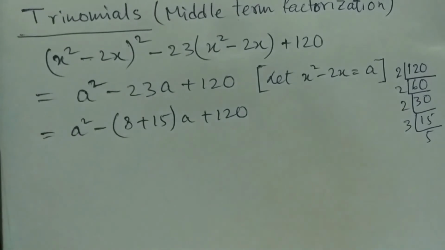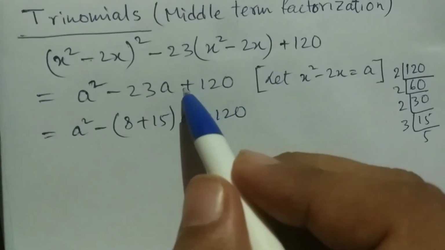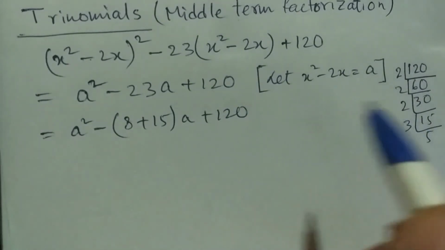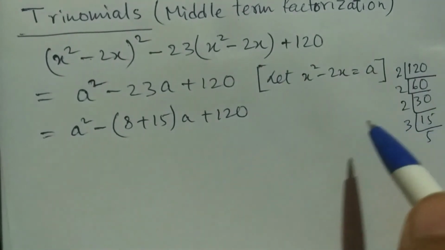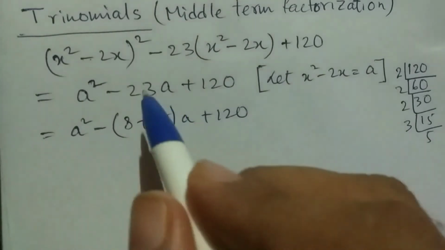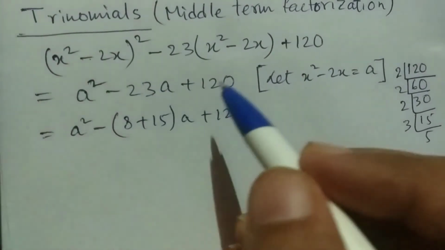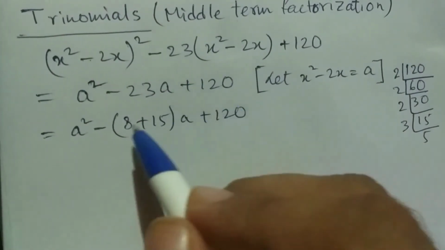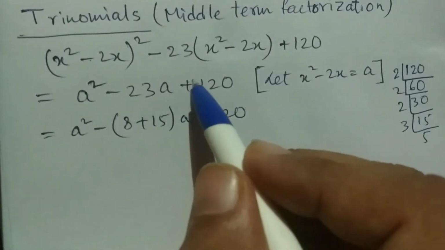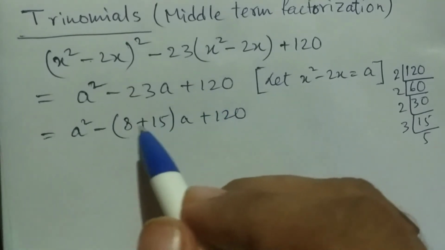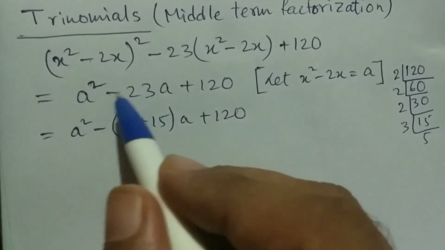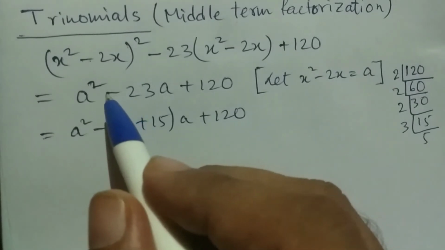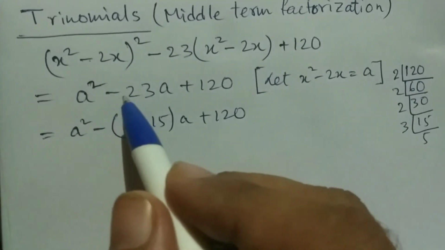Similarly, if the sign is minus, then we have to find 2 numbers that we subtract to get 23. But here it is plus, so we have added them to get 23. Keep this in mind. Here, with minus, the higher term will get the negative sign.